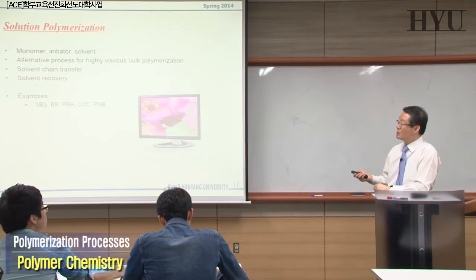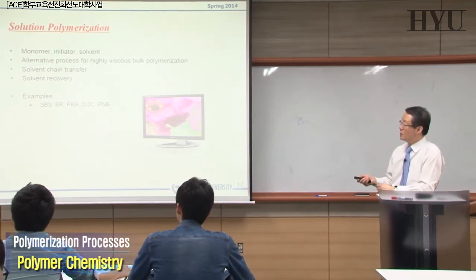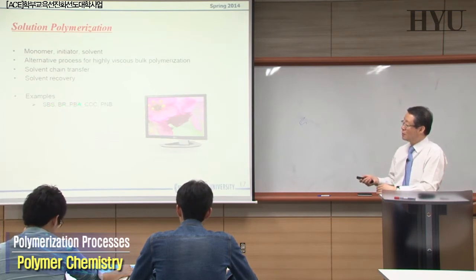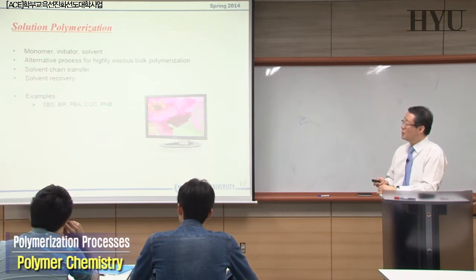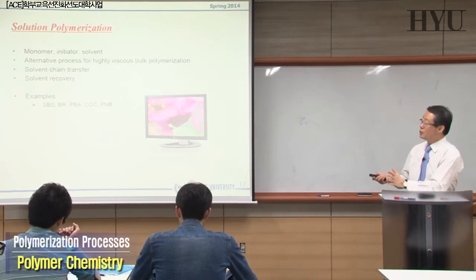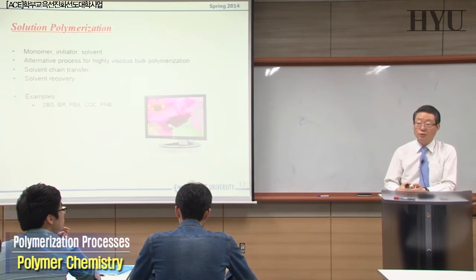Assuming that you solve this problem, you can make polymers such as styrene-butadiene, styrene plastics, butyl rubber, and other polymers like the naphthalene polymers, and so on. So you can make many types of polymers out of these solution polymerization reactions.